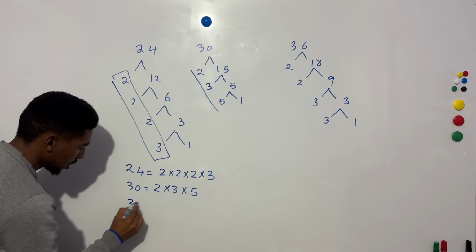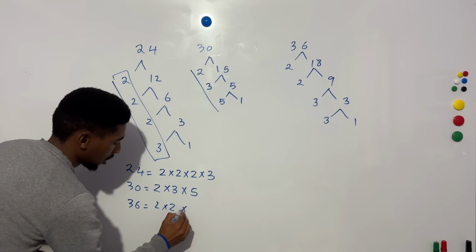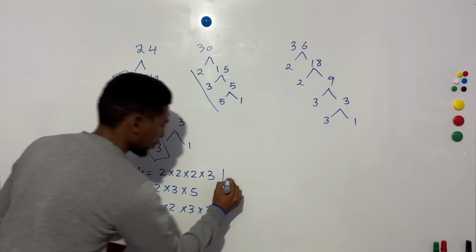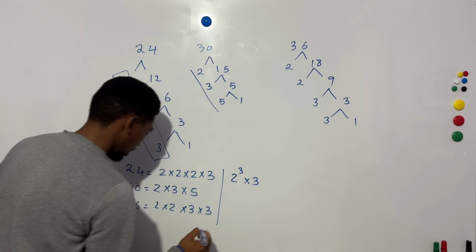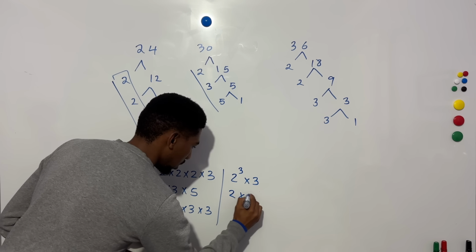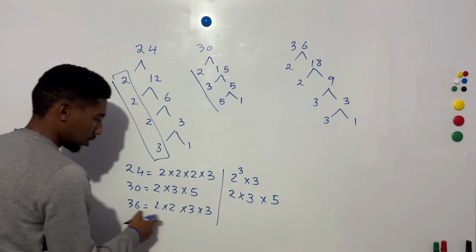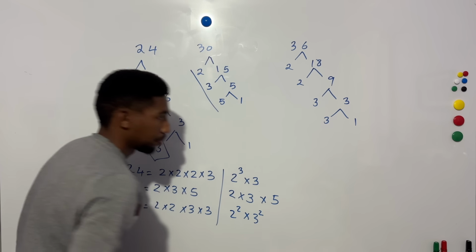So then I have 36 equals 2 times 2 times 3 times 3. I can also rewrite 24 as 2 to the power of 3 times 3, 30 as 2 times 3 times 5, and 36 as 2 to the power of 2 times 3 to the power of 2.